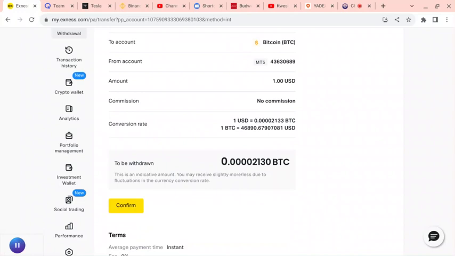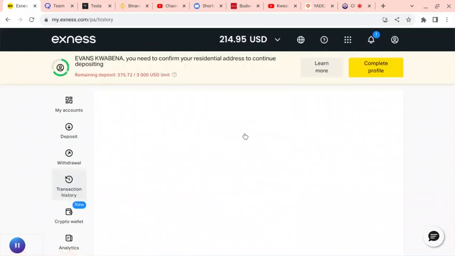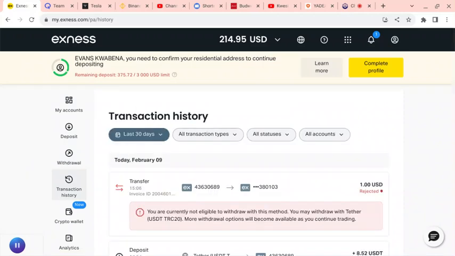So let me continue and do it for you to see. Continue. Right now it means that I'm converting 1 USDT.